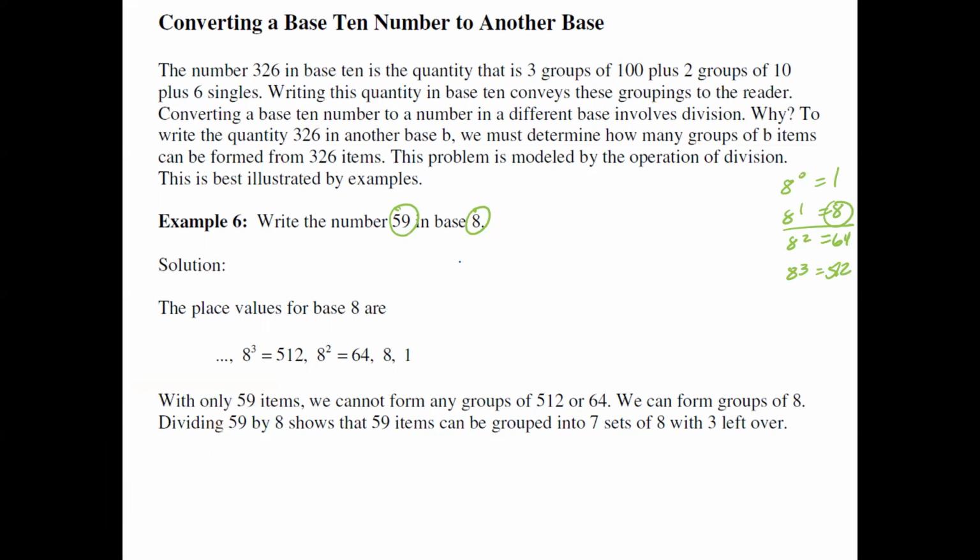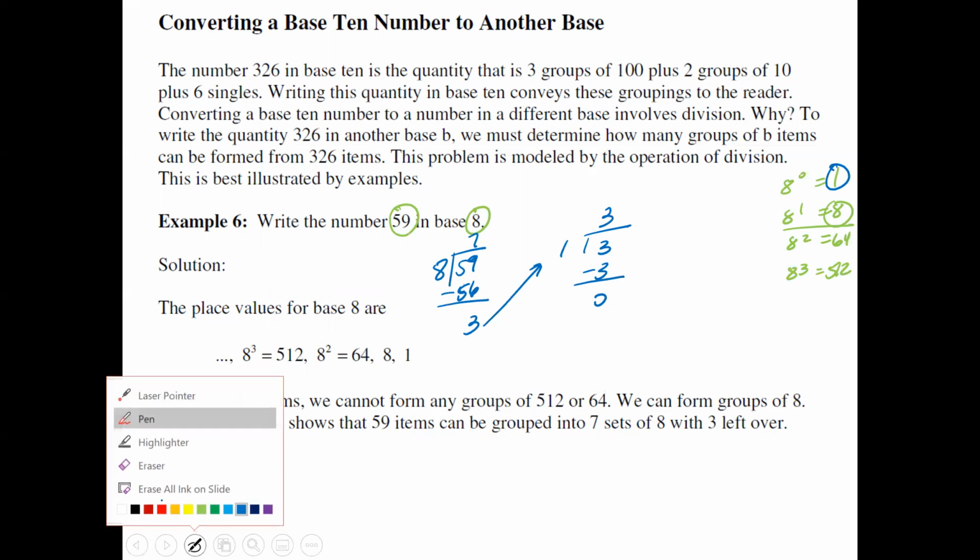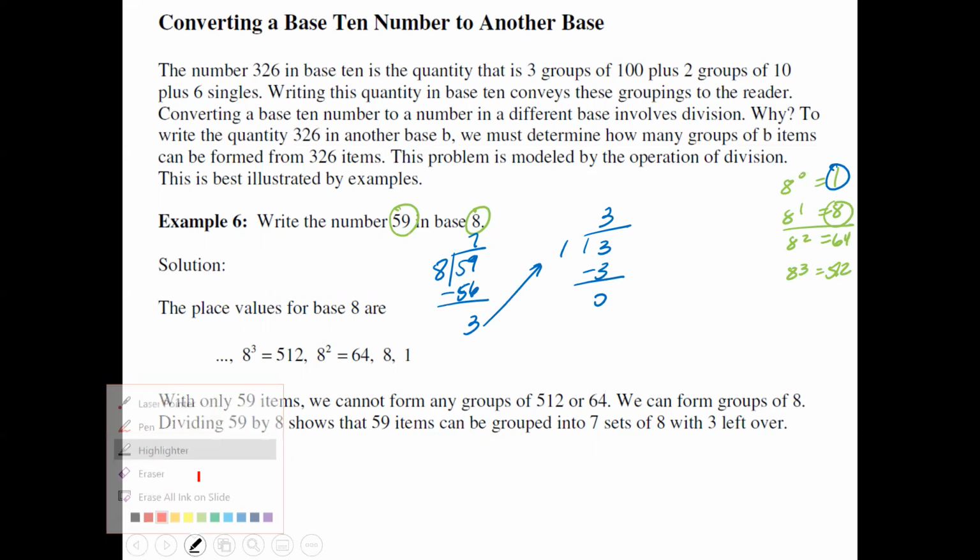What you're going to do is take 59 divided by 8, which goes into it 7 times. And you're going to repeat the process. The remainder is 3. And so your answer is going to be the quotients you have.